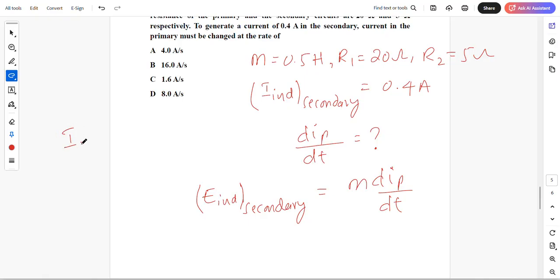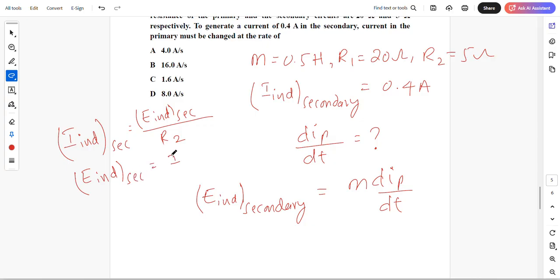I induced in the secondary is given by E induced in the secondary by its resistance, that is R2, right? Therefore, E induced in the secondary will be equal to I induced in the secondary into R2.